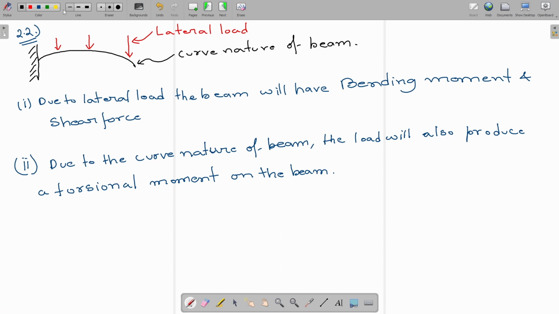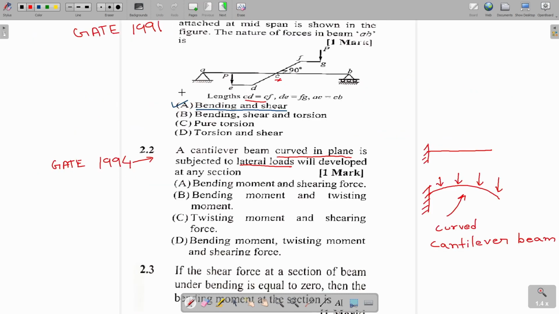One is due to lateral load and the other is due to the curved nature. It will produce bending moment, shear force and torsional moment. So our option in this case is bending moment, shear force and torsional moment. That is option number D.